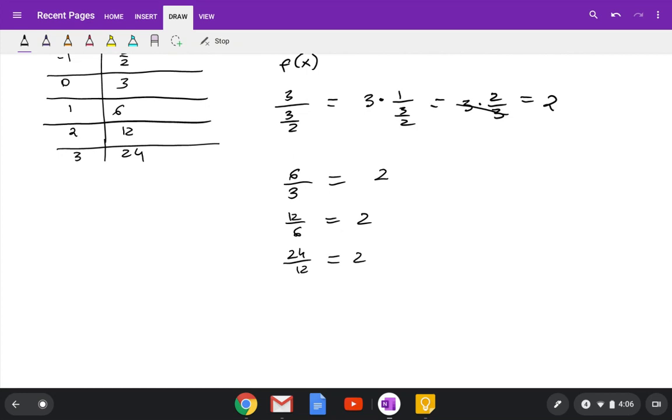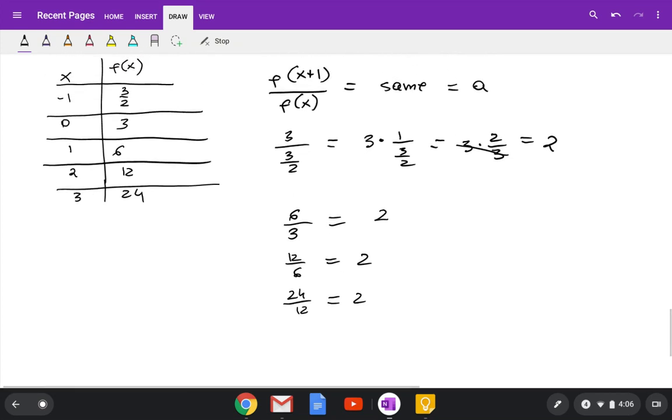We're getting 2. So yes, they are the same. All the time we're getting 2. That means this function is exponential, and the base of our exponential function is equal to 2.